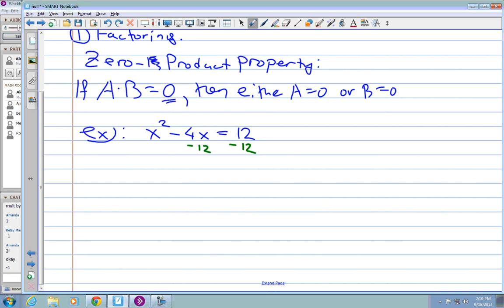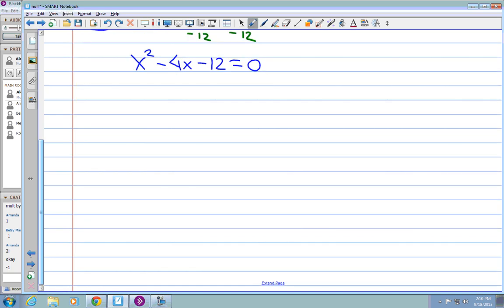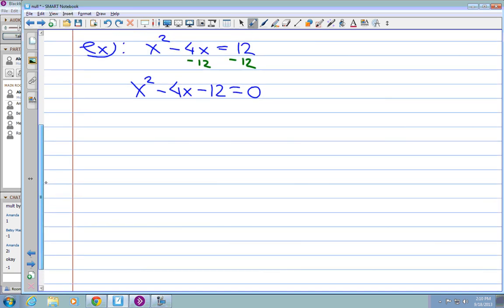You get x squared minus 4x minus 12 equals 0. And now try to factor that. Can we factor that? Yes. How? x minus 6, x plus 2. That's right.